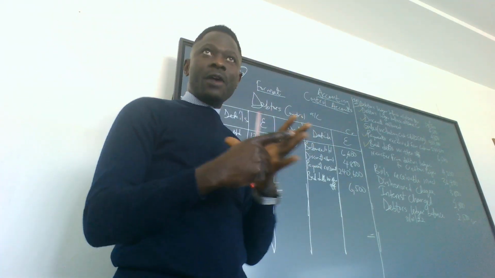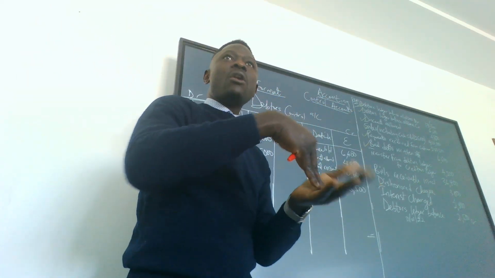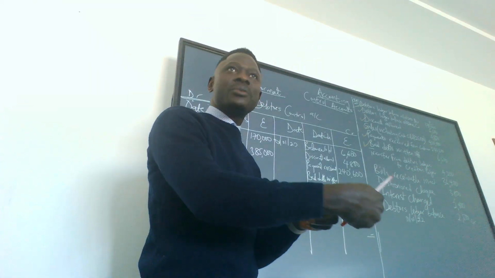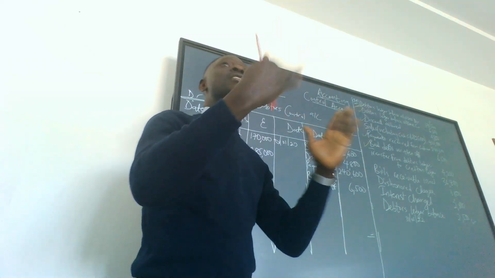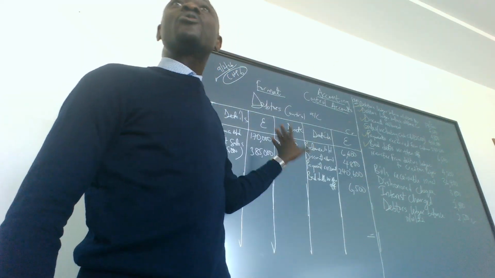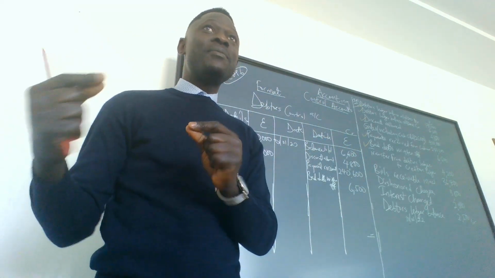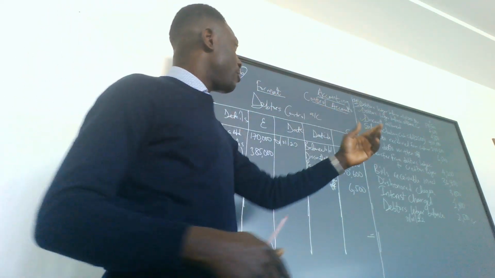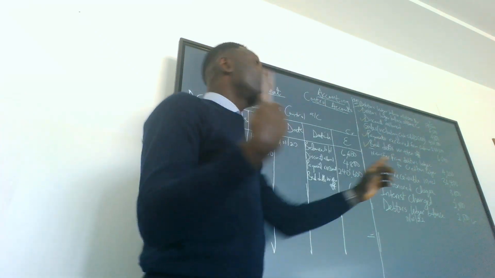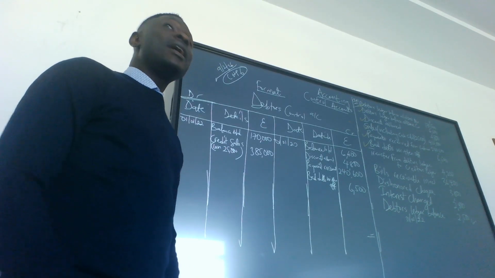You know, there are two types of sales. We have cash sales, credit sales. Cash sales is going to be in the cash book because payment is done. Credit sales will be recorded in the debtors control account. So you have to take away the cash sales because we need credit sales. Is it clear now? Any question up to now?